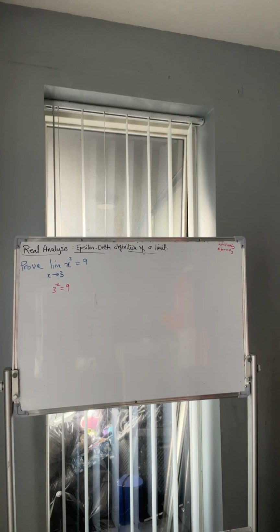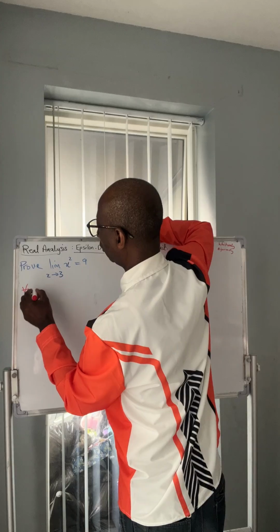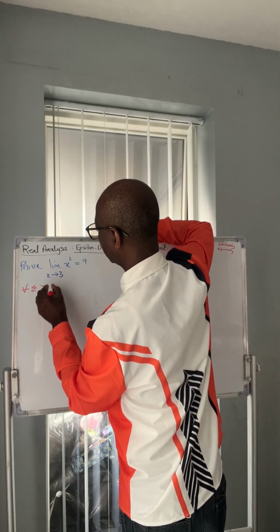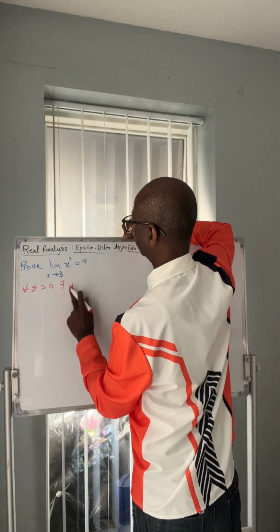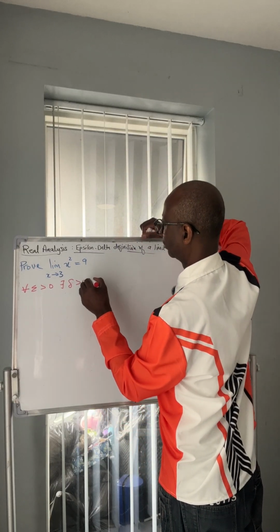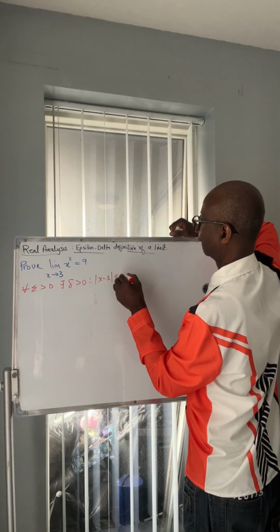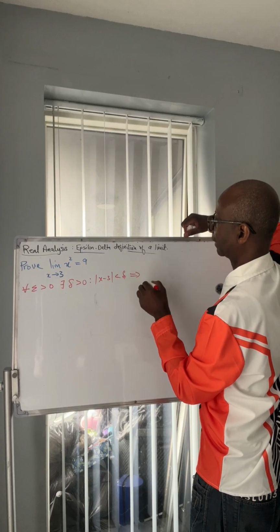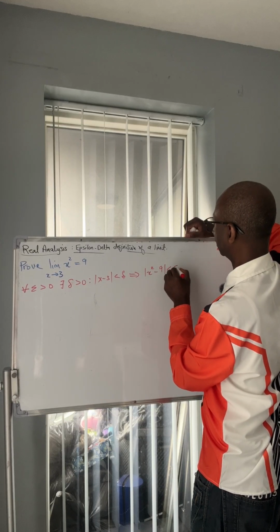So to prove it rigorously, we will state that for all epsilon greater than 0, there exists delta greater than 0 such that the absolute value of x minus 3 is less than delta, which implies that the absolute value of x squared minus 9 is less than epsilon.